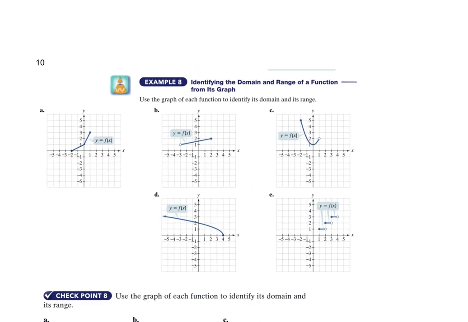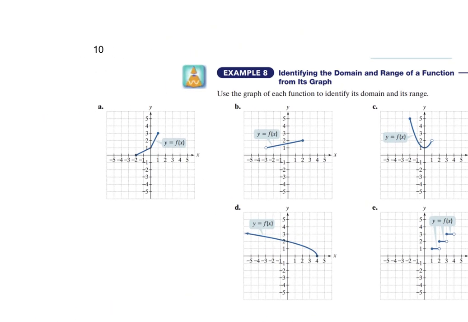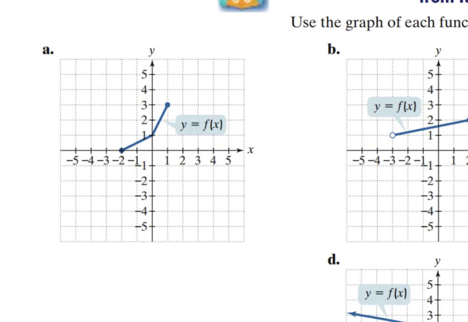So example 8, identify the domain and range of function from its graph. So let's see how I write this. I'm going to write the domain. We use brackets from -2 to 1, and the range is 0 to 3. Again, I'm looking on the x-axis here from -2 to 1. Any point where you have the function go to the x-axis, that needs to be part of the domain.